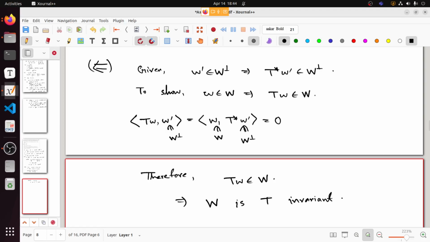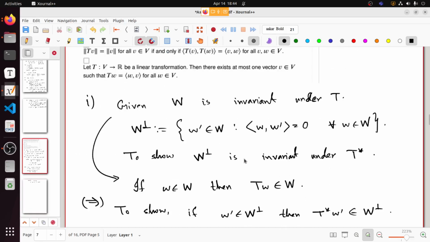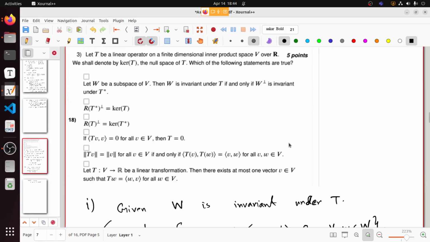So this proves both directions. Therefore the first option is correct, right?